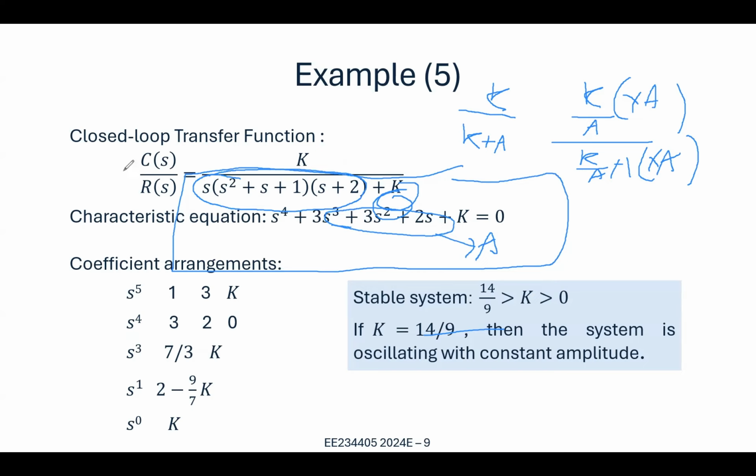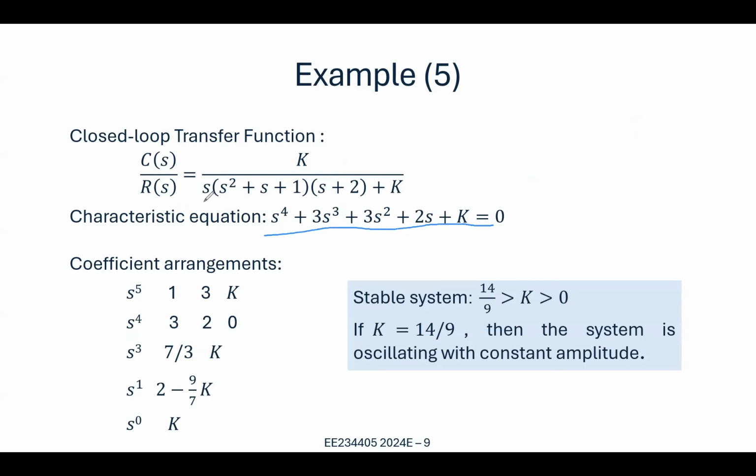So now we get the characteristic equation. How do we get this? We multiply this 1 by 1, so it would be s to the power of 3 plus s squared plus s, times s plus 2, plus k.